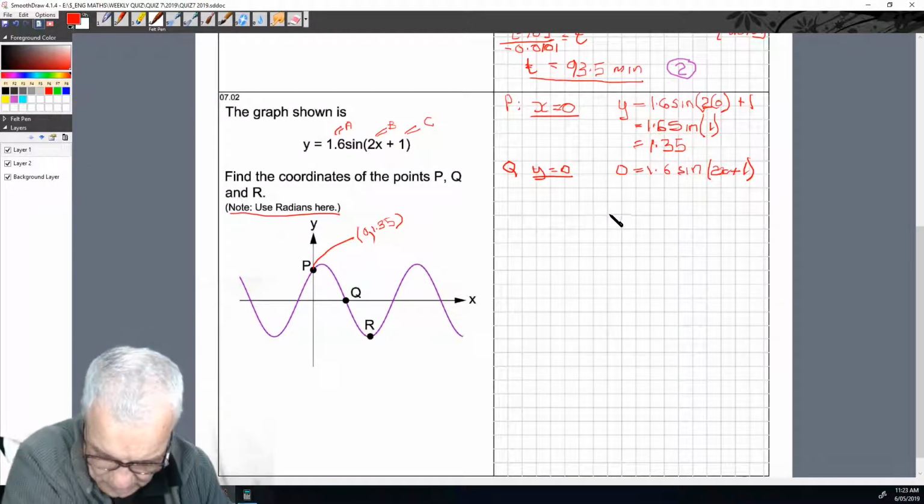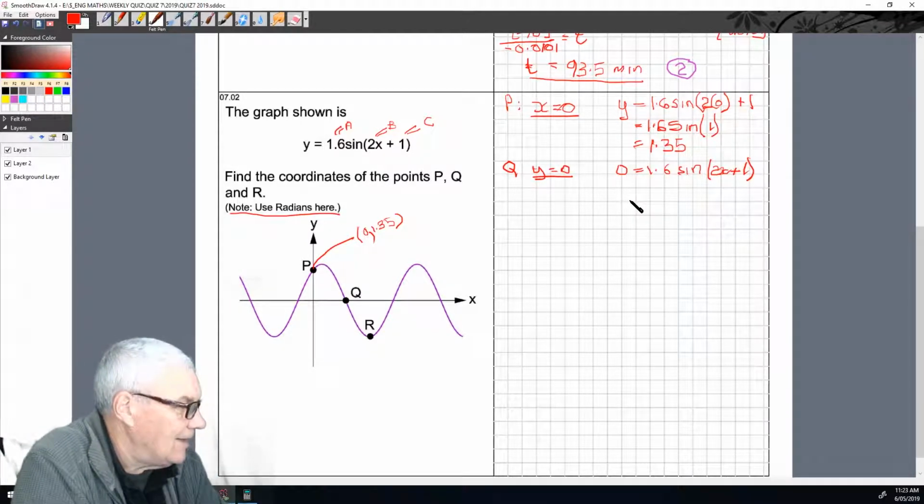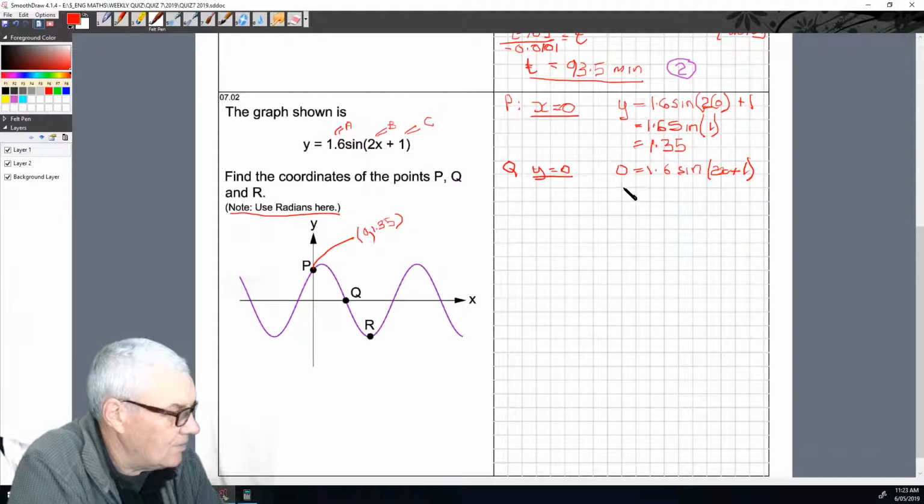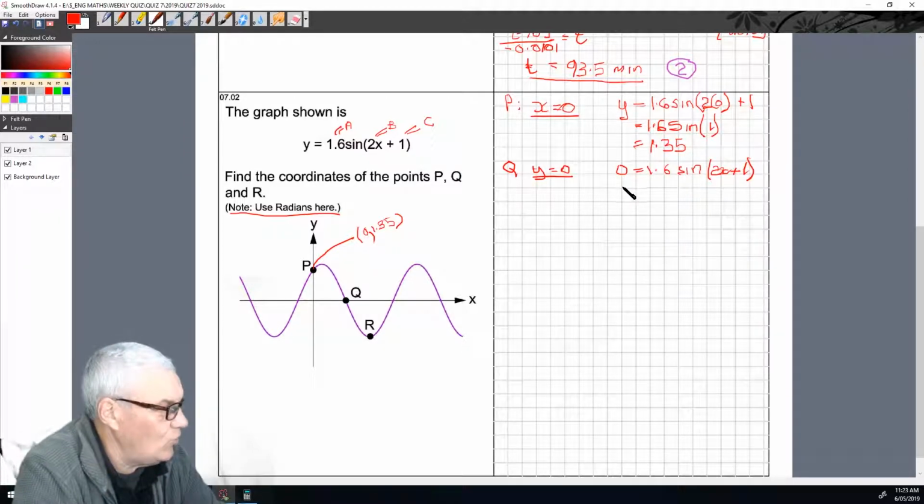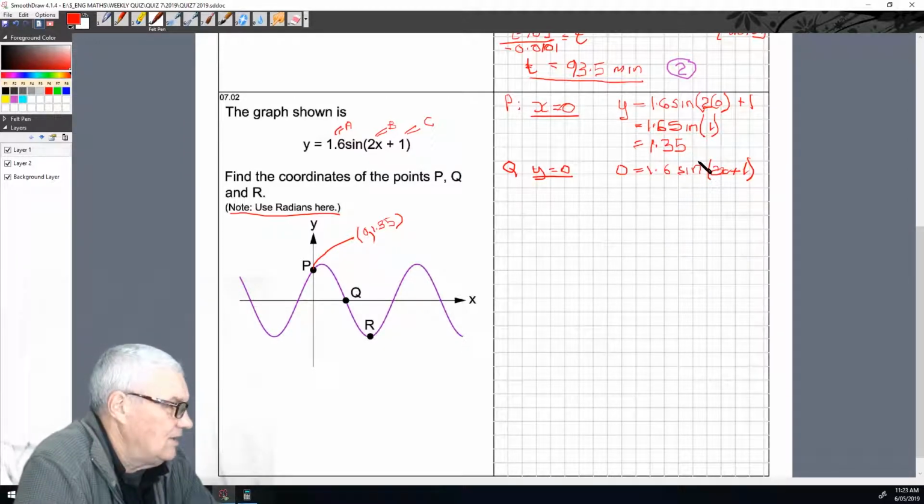So what we get is, if we divide through by 1.6, we can put that here.